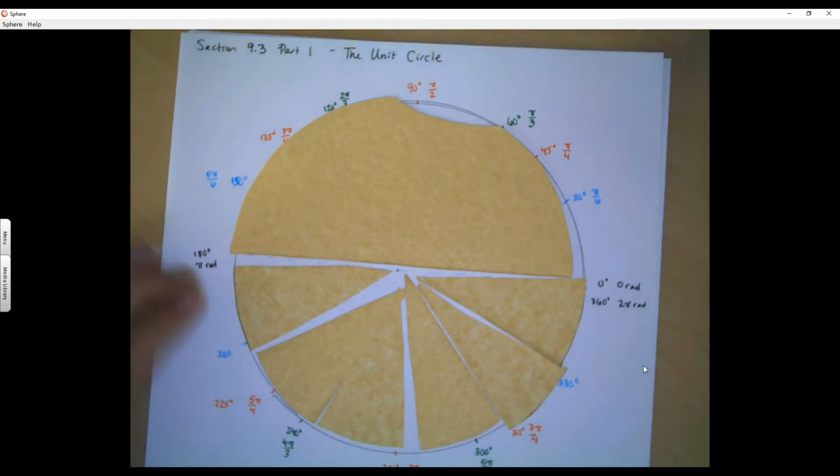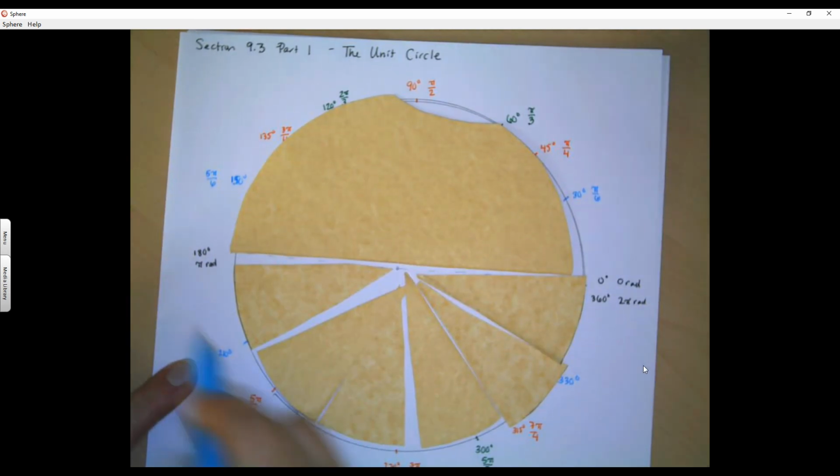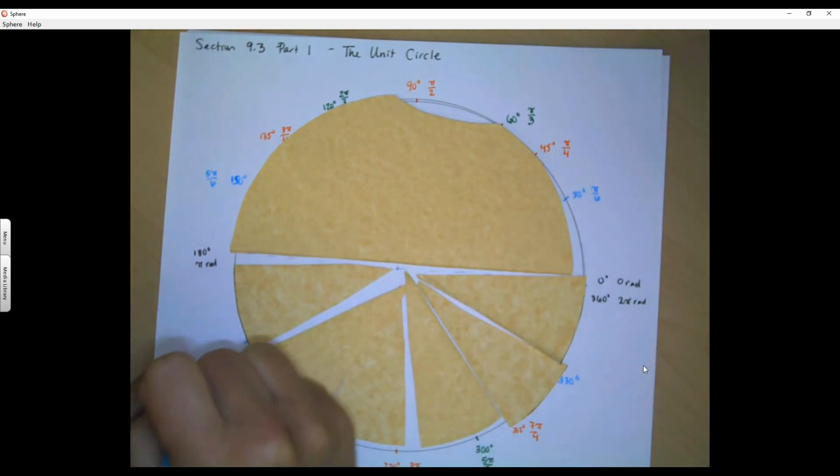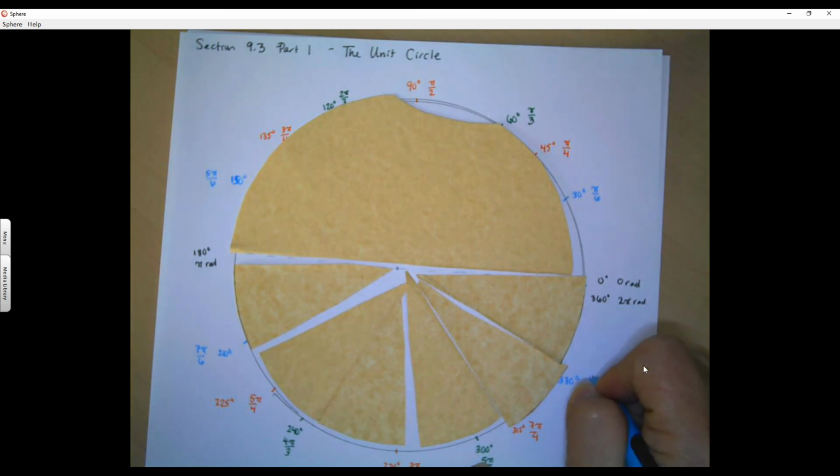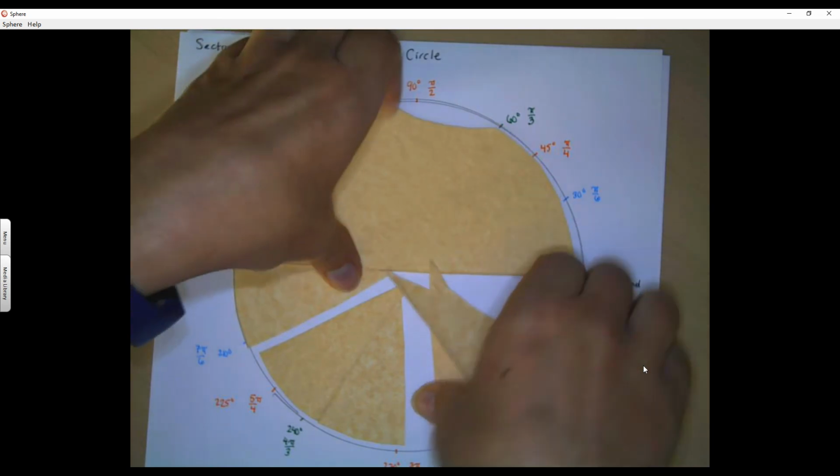All right, so this was 6 over 6. So our next one here is going to be 7 pi over 6. 8 over 6, 9 over 6, 10 over 6. Okay, so this last one here is 11 pi over 6.